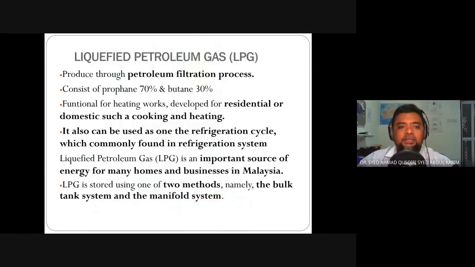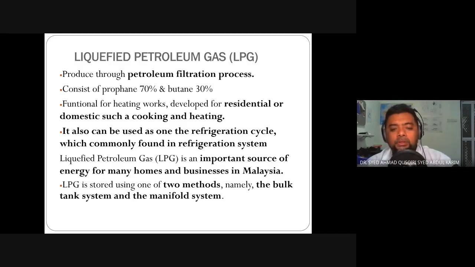So next is liquefied petroleum gas. This is produced through the petroleum filtration process, 70% propane, 30% butane. It is functional for heating works, residential and domestic uses such as cooking and heating. It can also be used for the refrigeration cycle.